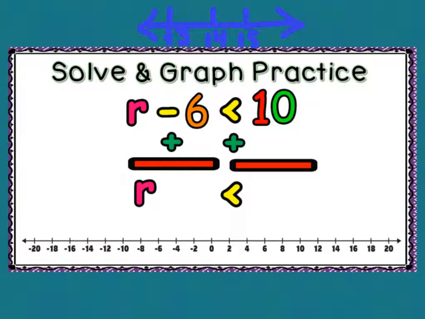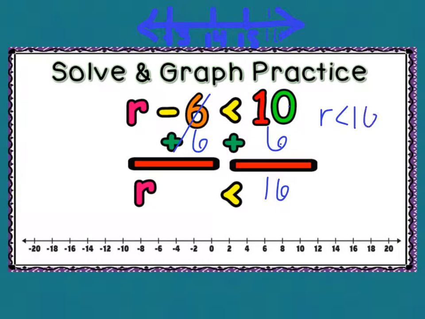So what number is keeping the r from being by itself? Because this is r minus 6 is less than 10. Well, the opposite of subtracting 6 is adding 6. So you're going to add 6 to both sides. So r is less than 16, because 10 plus 6 is 16.